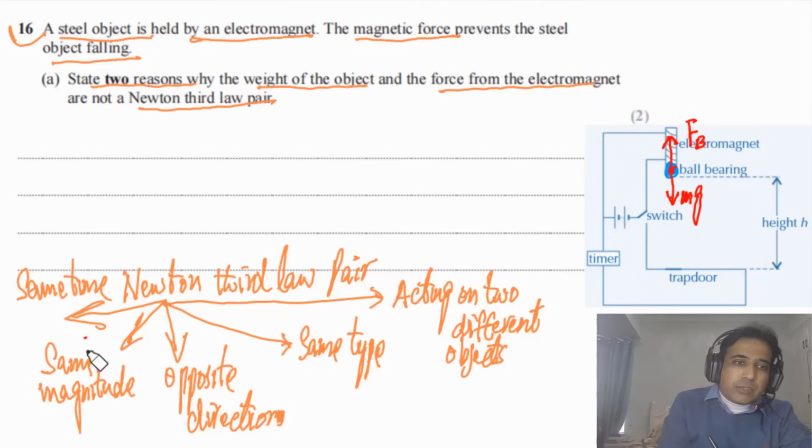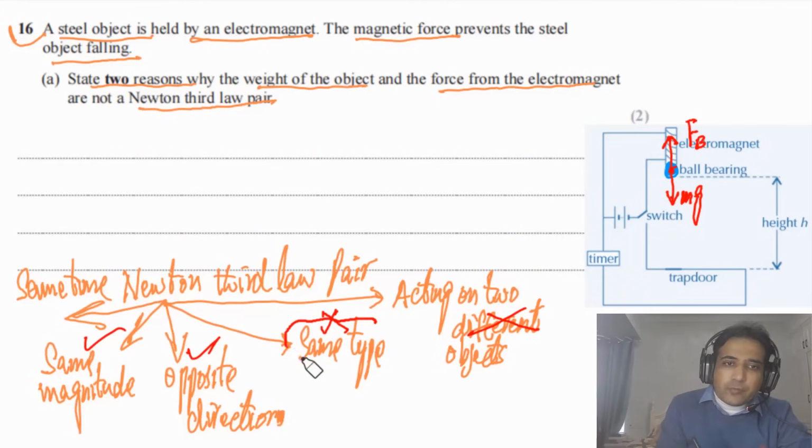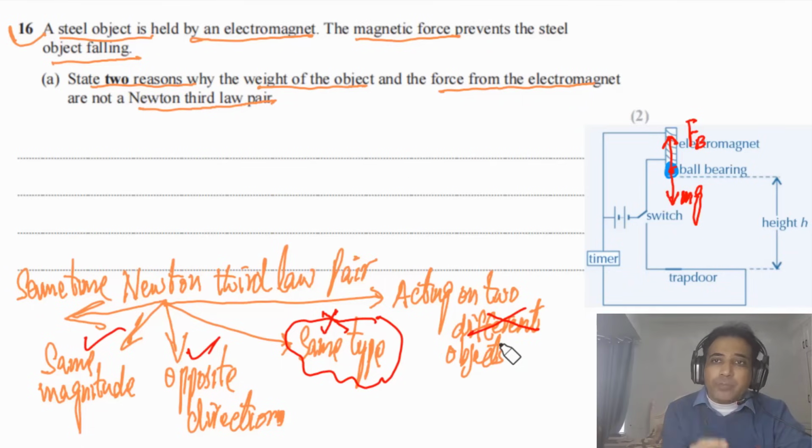So these two conditions are satisfied. But these two forces are not of the same type, so this condition is not satisfied. They need to act on two different objects. They are acting on the same object, so this condition is also not satisfied. So these two forces do not form a Newton third law pair, because they are different types of forces and they are acting on the same object.